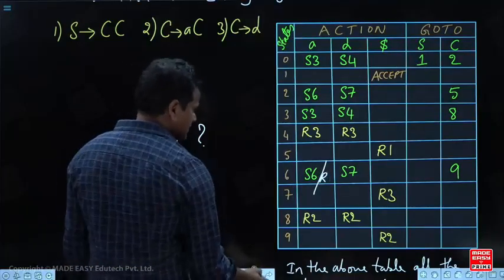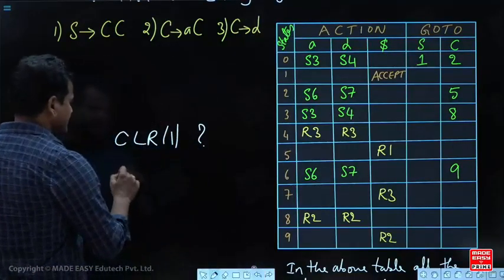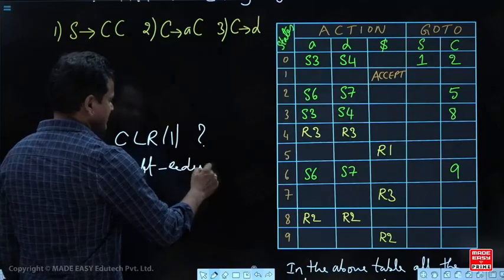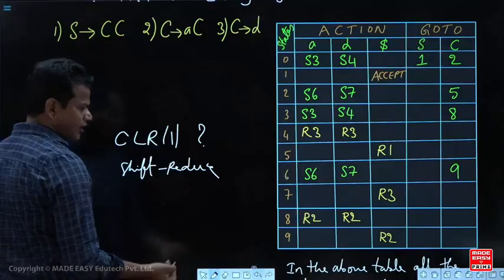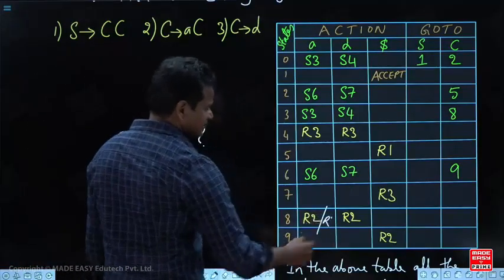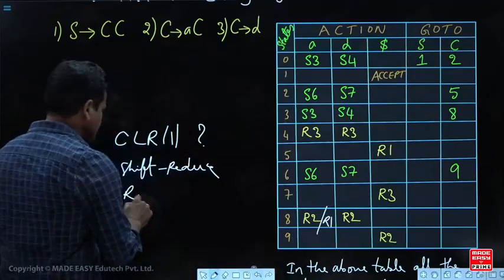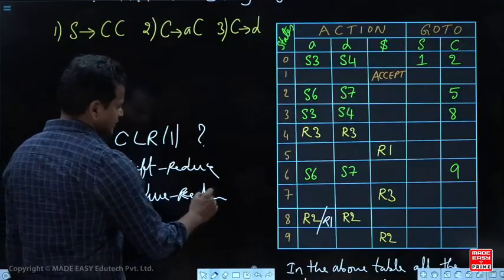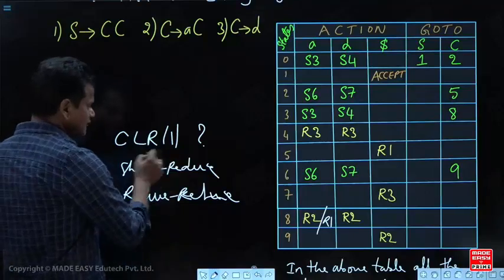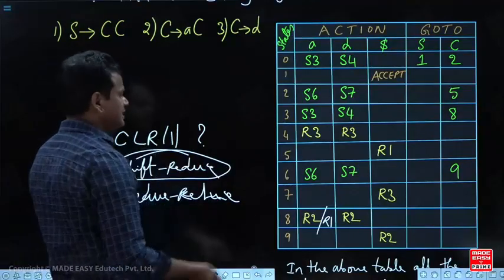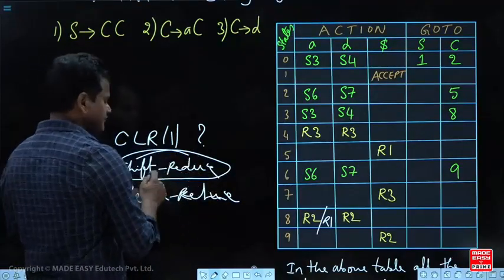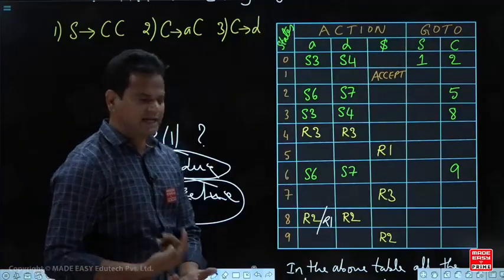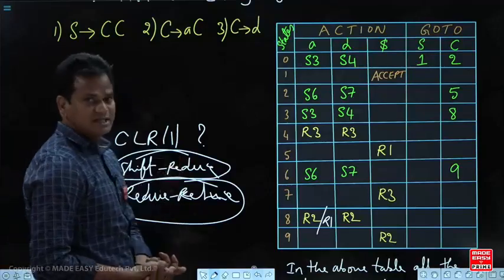The possible conflicts in a box may be shift and reduce, or a box may contain reduce and reduce. If any box contains either this or this, it is not CLR of 1.